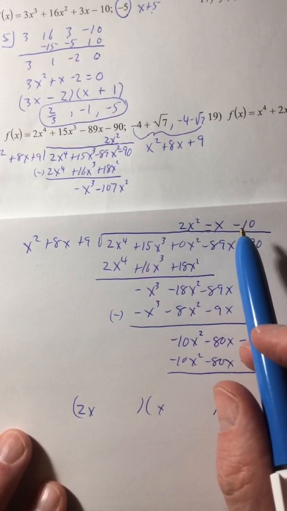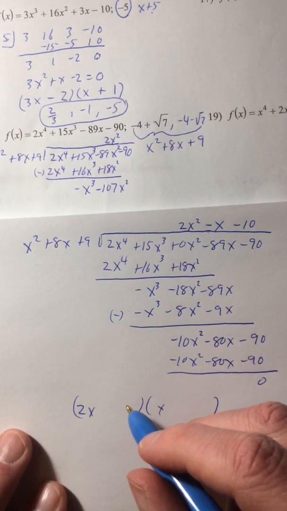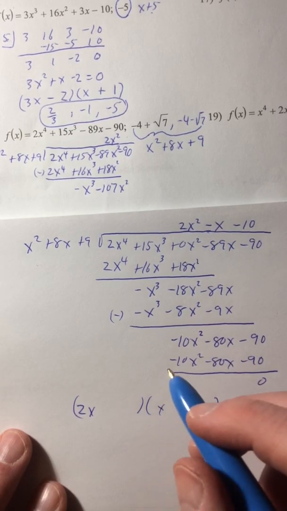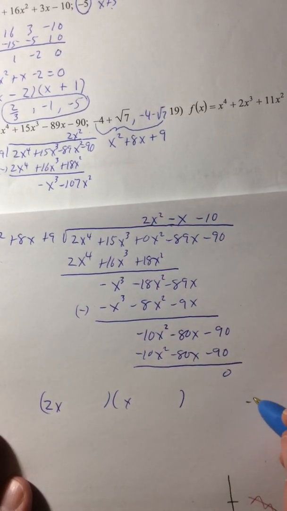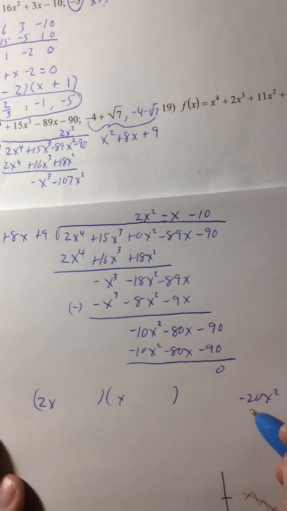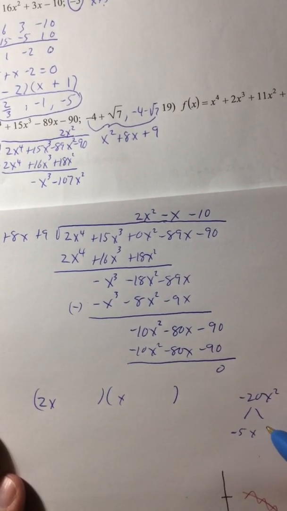And then we got negative 10, so 10 here, and it's going to be 5 and 4, right? 10, 8, no, damn it. All right, go the long way. Negative 20x squared, and what 2 numbers multiply to make, so that's going to be negative 5x and 4x.